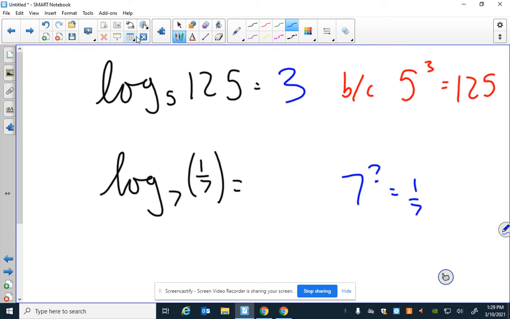So 7 to the negative 1 is 1/7. So like that. There are worse ones, but not really. We could have done like fractional powers or something like that, but I'll save that for a different day.